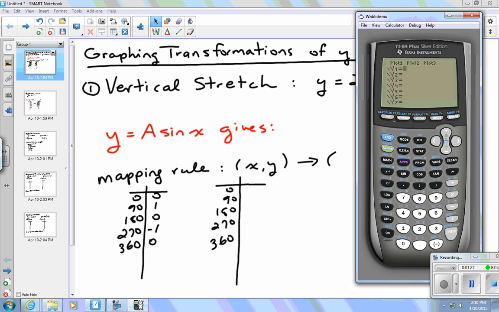And let's put in the sine function, so sine of x. And if you click on that little symbol next to the y1, you should be able to change what the line looks like.